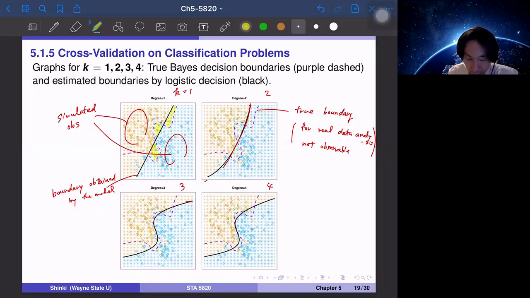So these areas are basically errors. So error is slightly smaller when we get k equal to 2, and much smaller for k equal to 3. And 3 and 4 almost look the same. So probably 3 or 4. So these are better than k equal to 1 or 2.